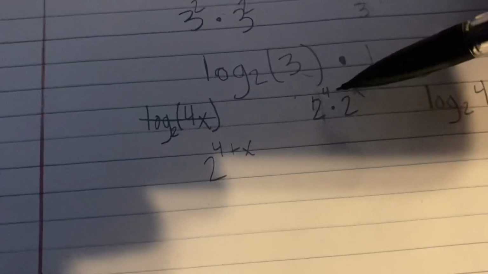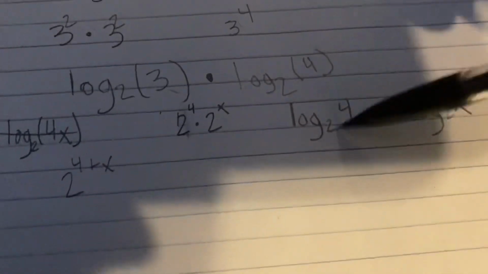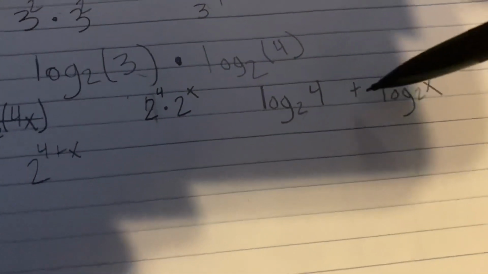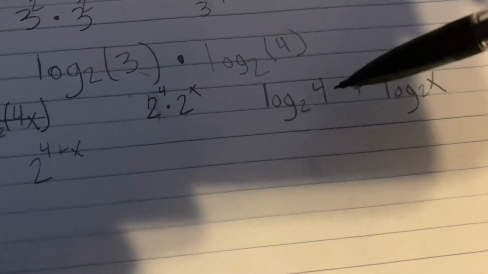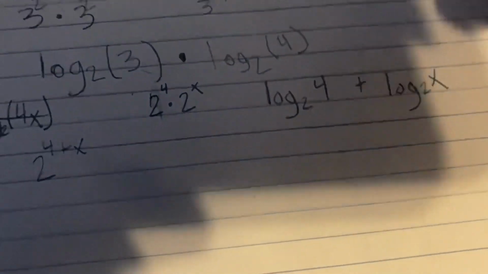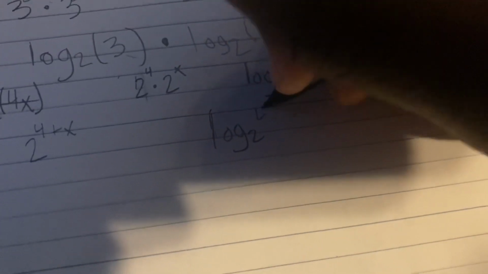But with logarithms, if it's the same base and you're adding, you actually multiply. So log base 2 of 4 plus log base 2 of x would just be log base 2 of 4x.